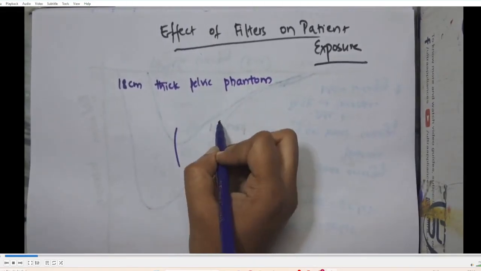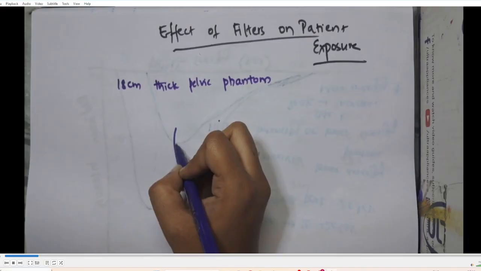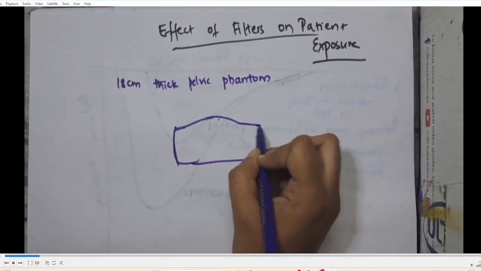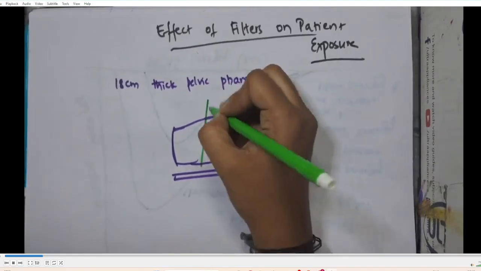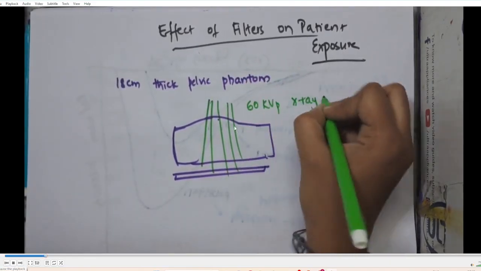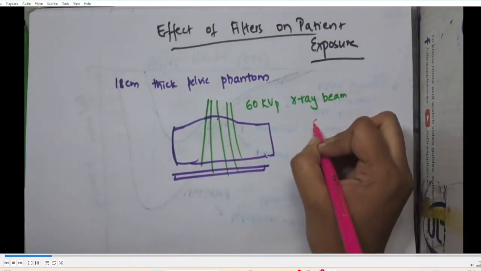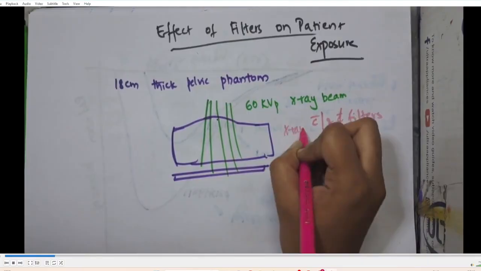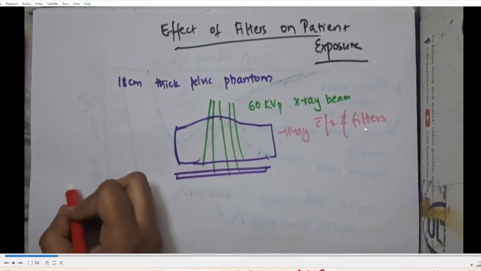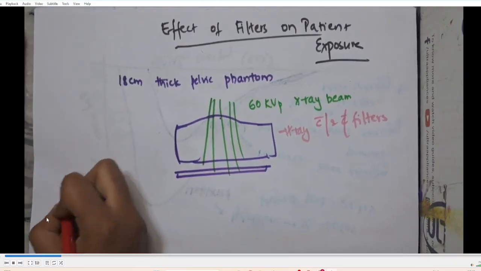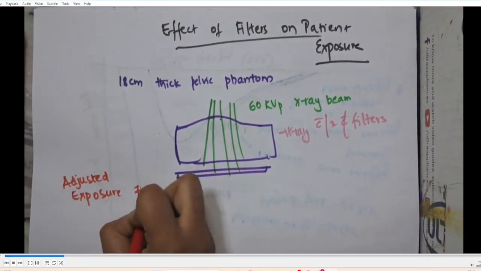In this particular experiment, they made multiple radiographs of an 18 centimeter thick pelvic phantom using a 60 kilovolt peak X-ray beam. The initial radiograph is made without a filter and then repeated with increasing thickness of aluminium filters.